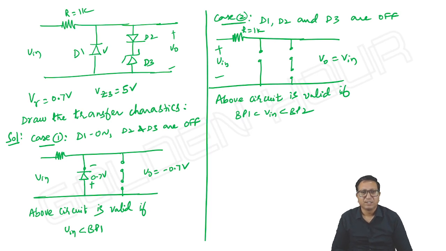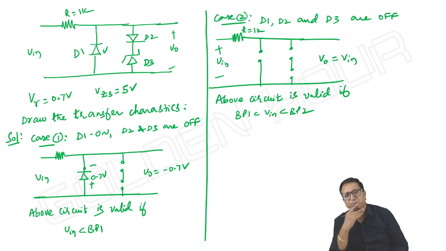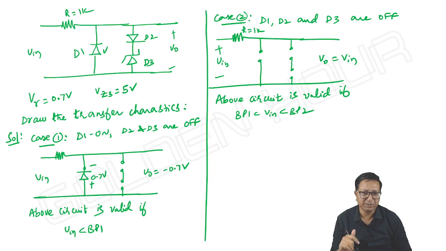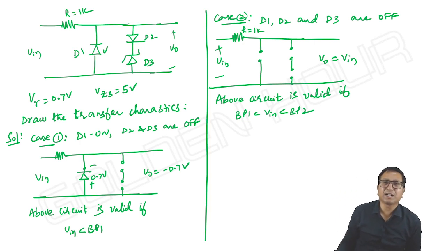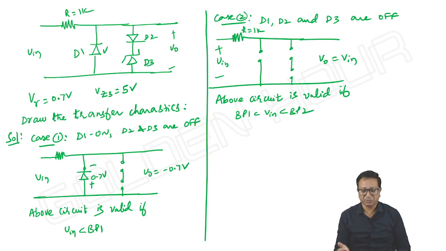Further, we are increasing the input above the breakdown voltage of D3, meaning above 5 volts. Then D3 is ready to undergo GNR breakdown and D2 is forward biased. So input is positive, D2 is ready to be forward biased. What about D1? D1 is anyway reverse biased. D1 is reverse biased, D2 is forward biased, and D3 undergoes GNR breakdown. That's for input greater than breakpoint 2.